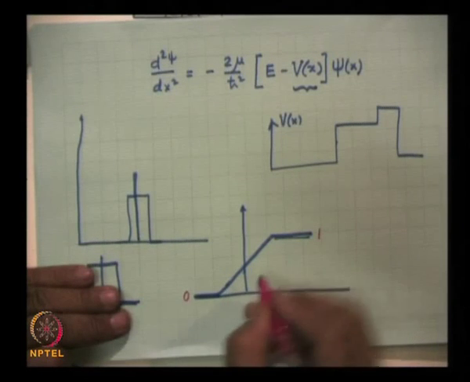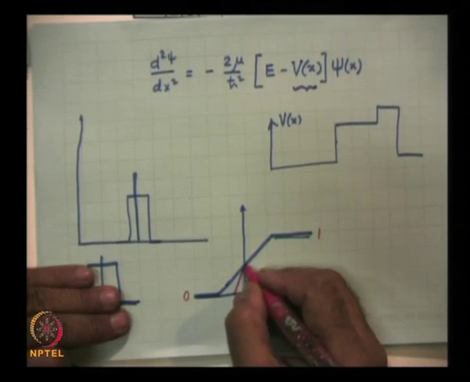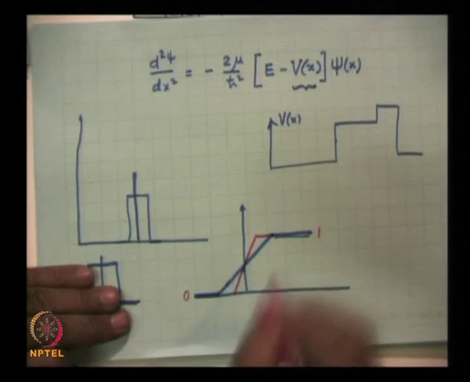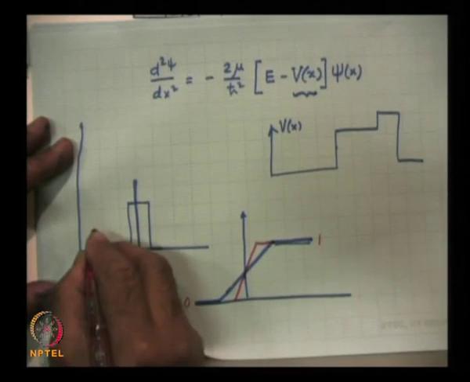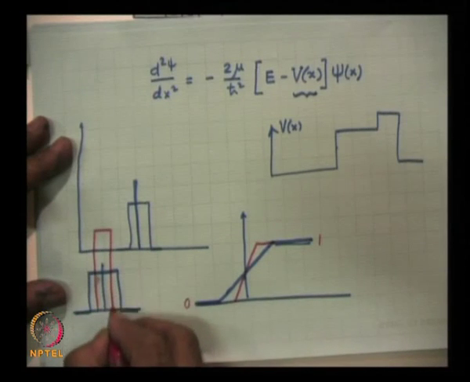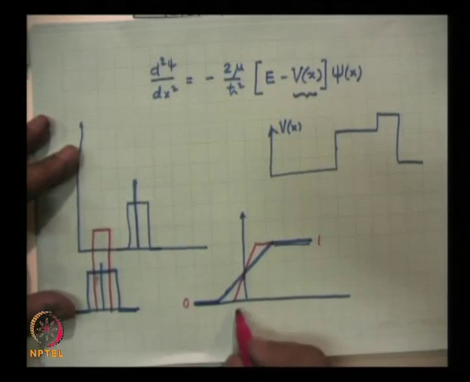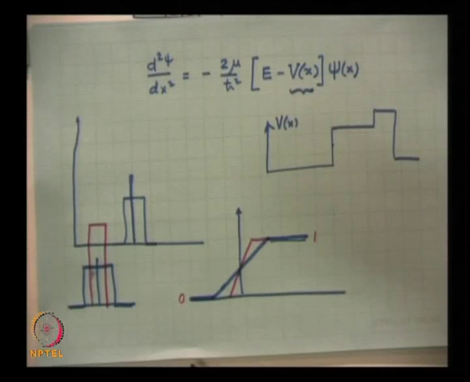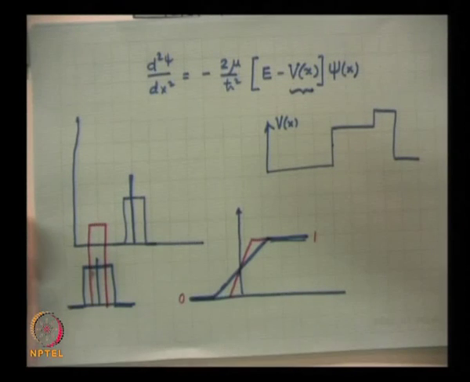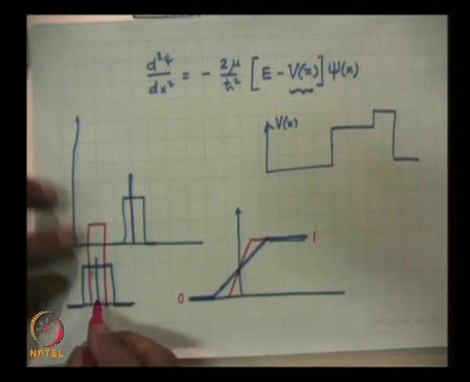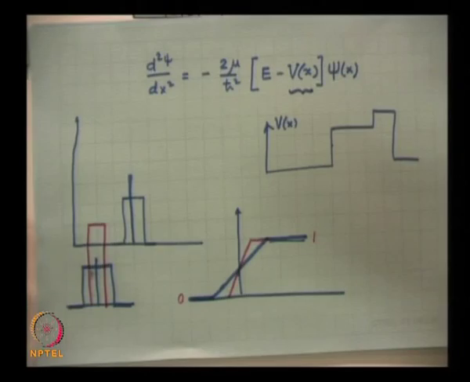Let us suppose I make this ramp steeper. I had discussed this in great detail. So, this will become sharper. In the limit of this becoming a step function, the derivative is a delta function. And the delta function, the value of the function at that point is infinity.